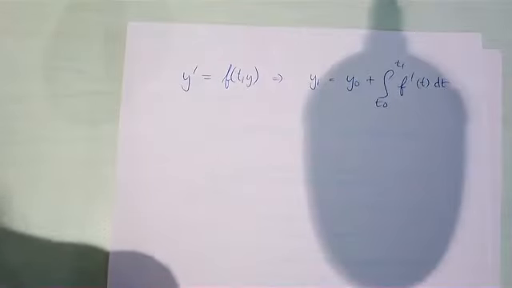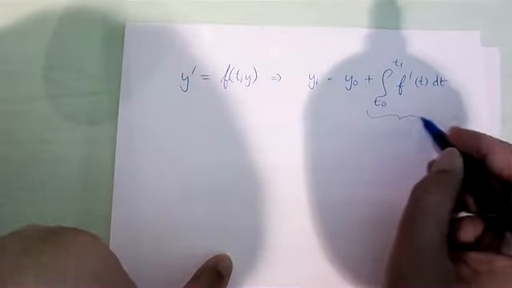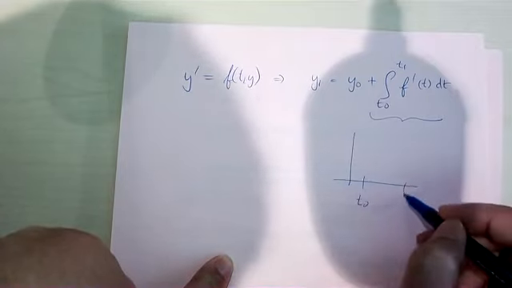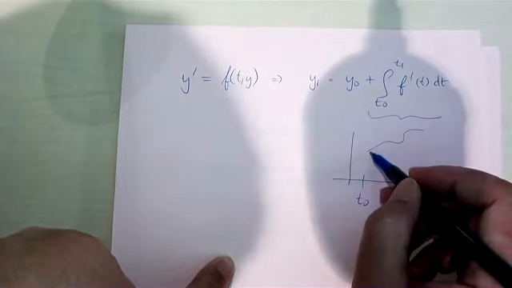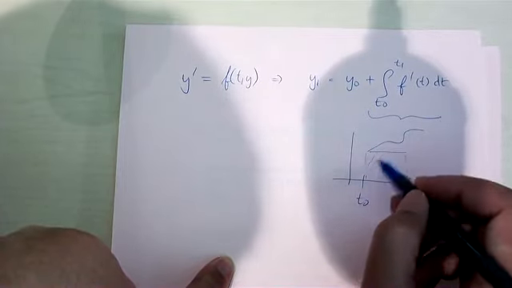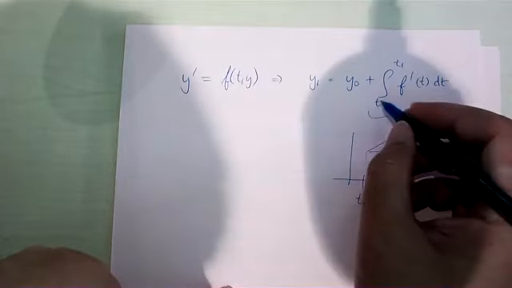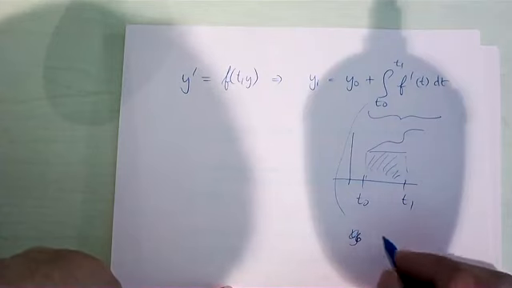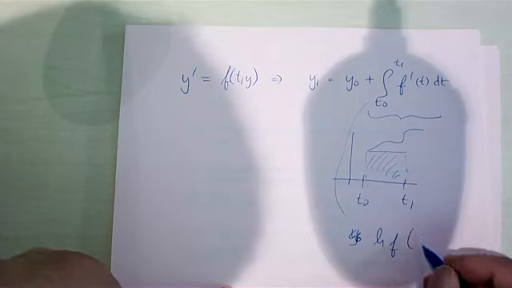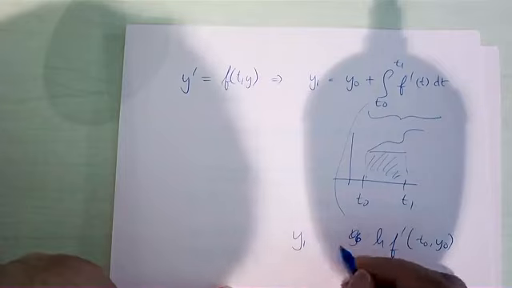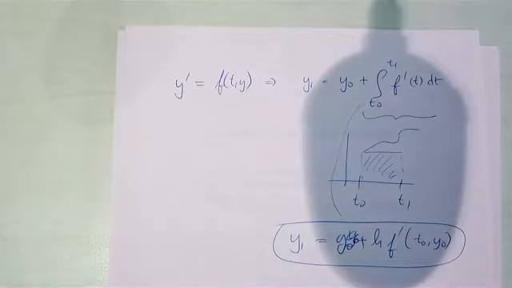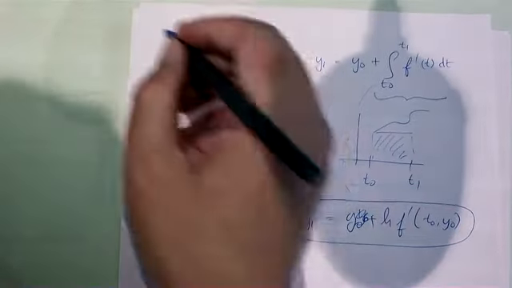This is an integral, so if we approximate it by a rectangle rule, you get y0 plus h times f of t0, y0, and then you have the Euler method, the explicit Euler method.